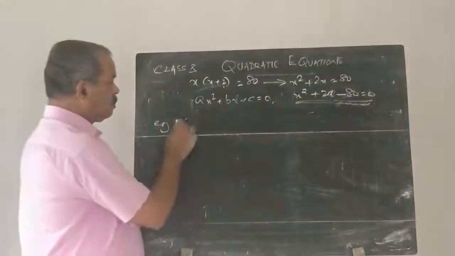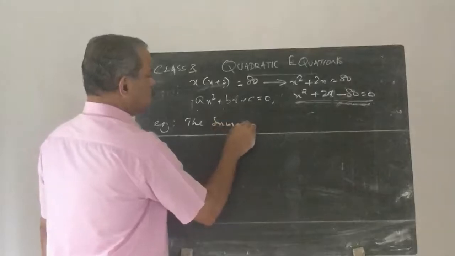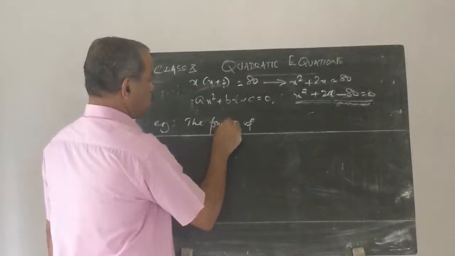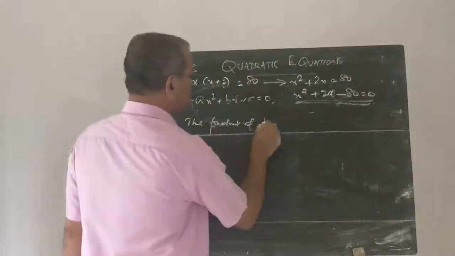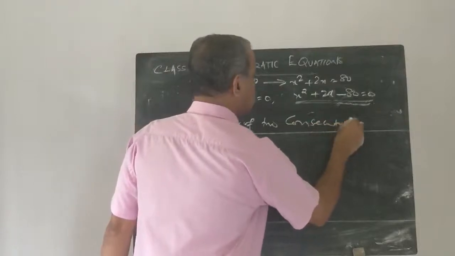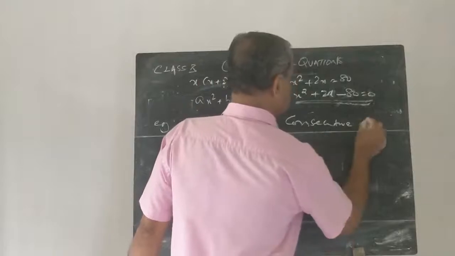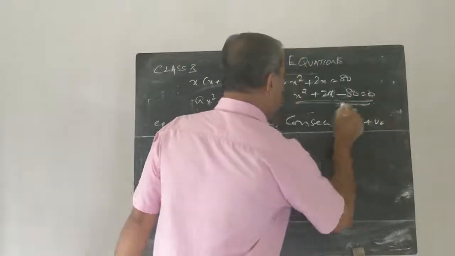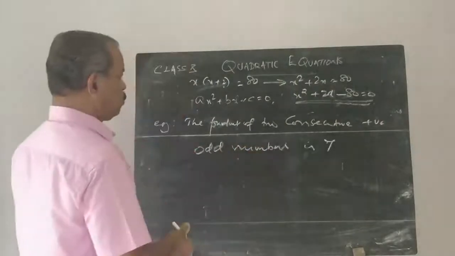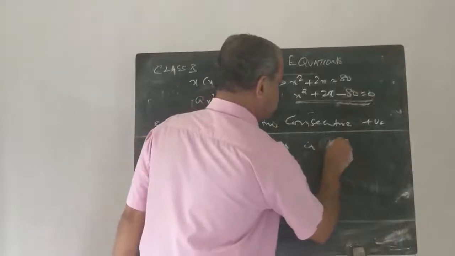Another example, the product of two consecutive positive odd numbers is 50.